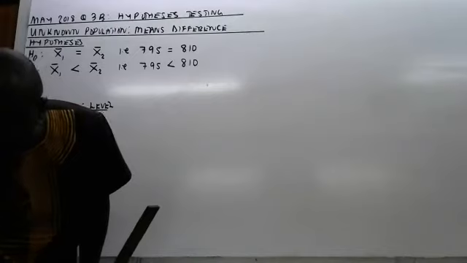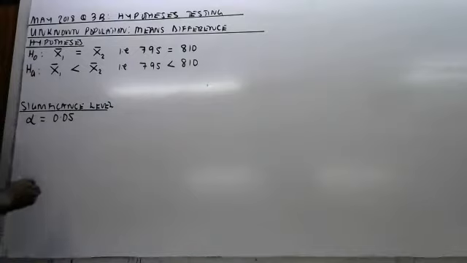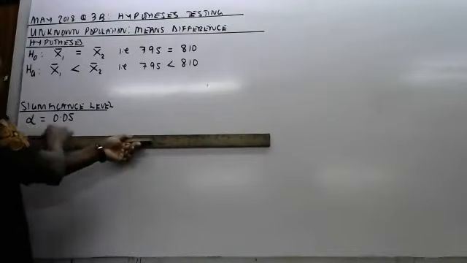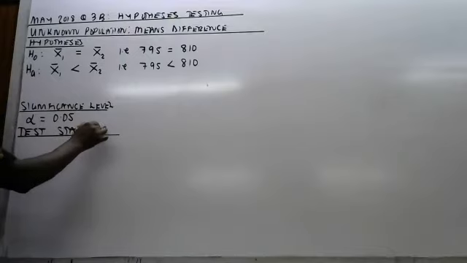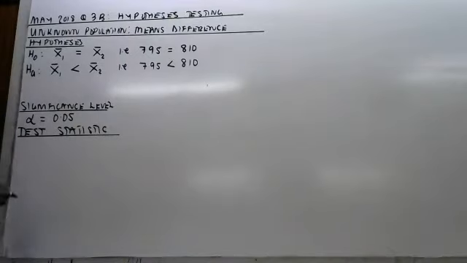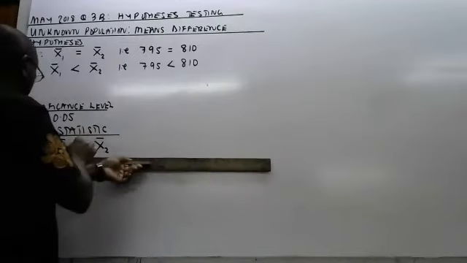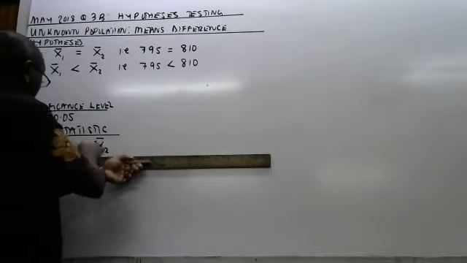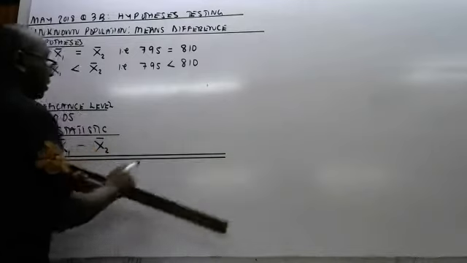That is what we are told to test at, 5%. Then now I need to bring my test statistic. So the test statistic is T, which is given as x bar 1 minus x bar 2. You remember how we go about it.